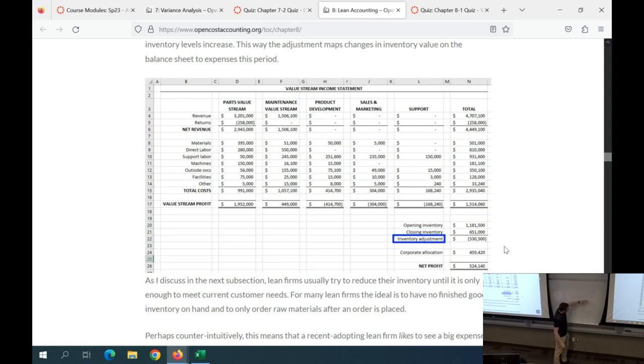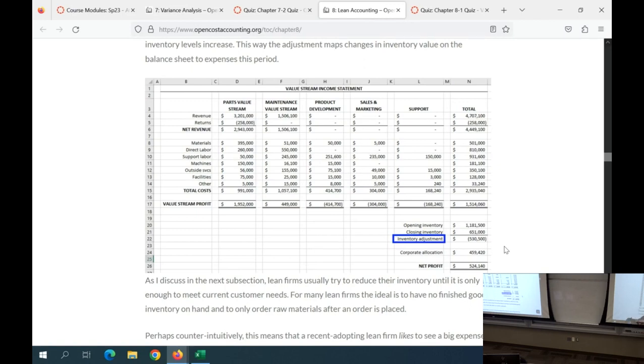And so we've reduced it. What that means is that a lot of that cost has gone through to cost of goods sold, $500-something worth of it, and that is affecting our net profits. This is actually something that they would really like to see. They really want to see a big cost right here at the beginning stages of applying a lean mentality. You want to see this be pretty large because that means you're reducing your inventory backlog.